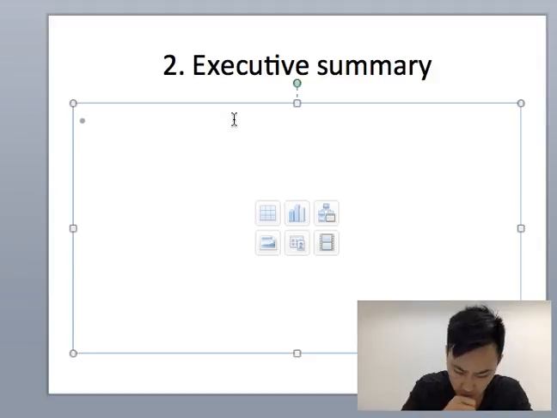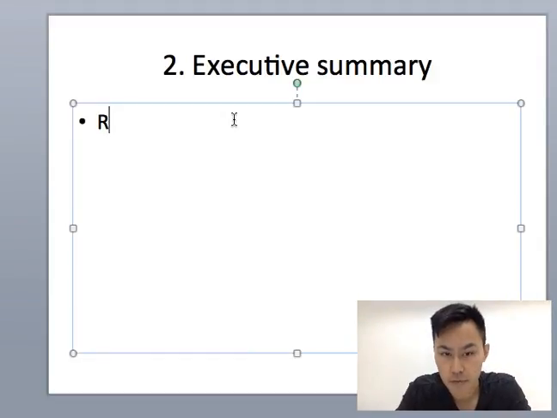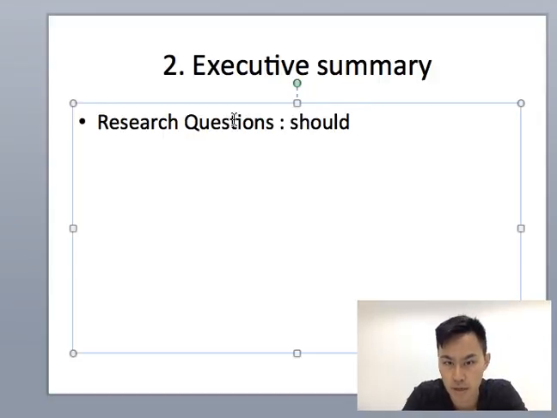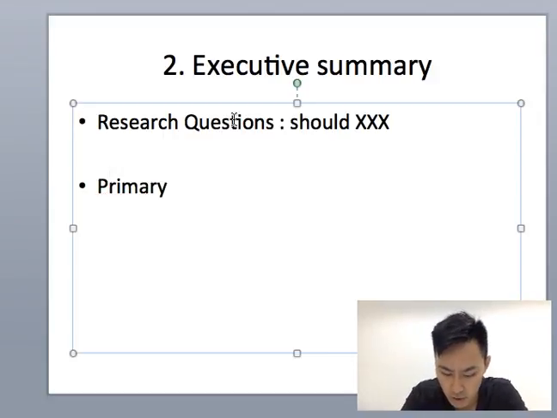For the executive summary, we have to list out the research question. So we mention that again: should XXX do what, right? And also we list out how we're going to collect the information.